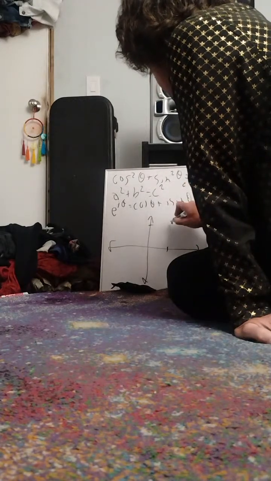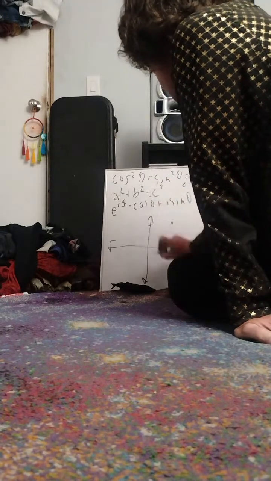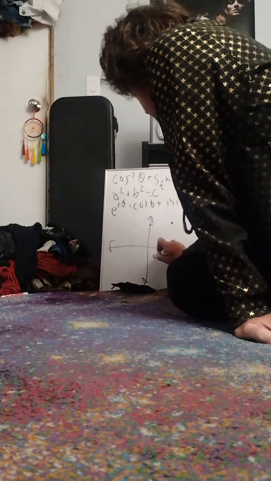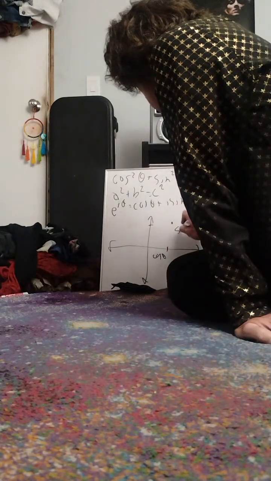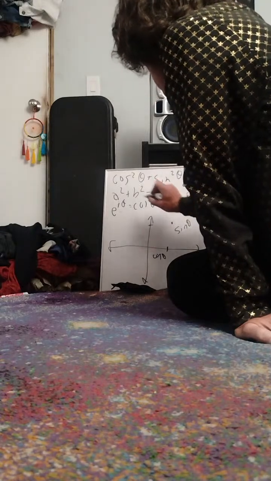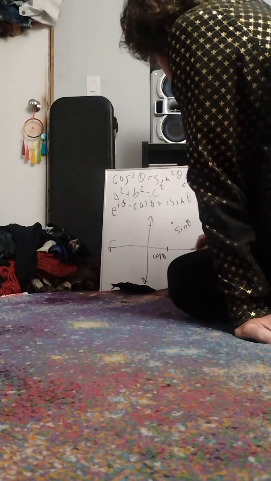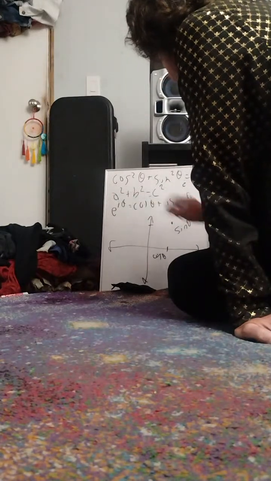If this part is cosine theta, and this part is sine theta, right here, that would give you cosine theta plus i sine theta, which is e to the i theta.